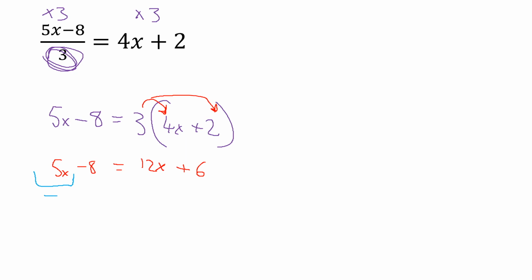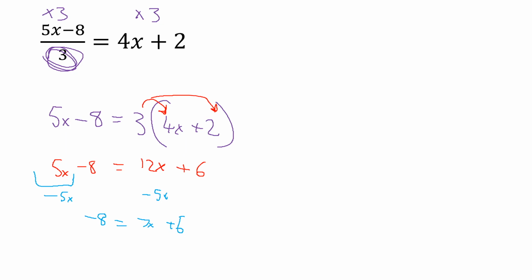We have to minus 5x, because then this will be equal to 0. 5x minus 5x is simply equal to 0 minus 8. 12x minus 5x is equal to 7x. And then we have a plus 6. Okay, good.